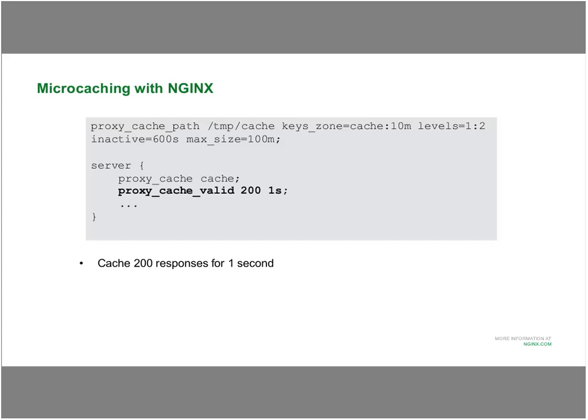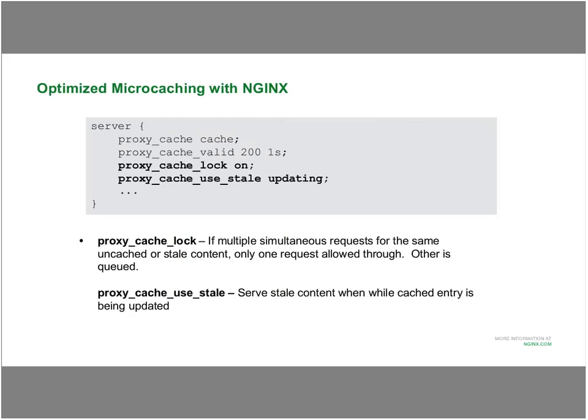Then there's the inactive directive, which takes content, whether or not it's stale, and deletes it if it has not been accessed by a user, in this case, for 10 minutes. Okay. So that's how you basically enable micro-caching within NGINX.